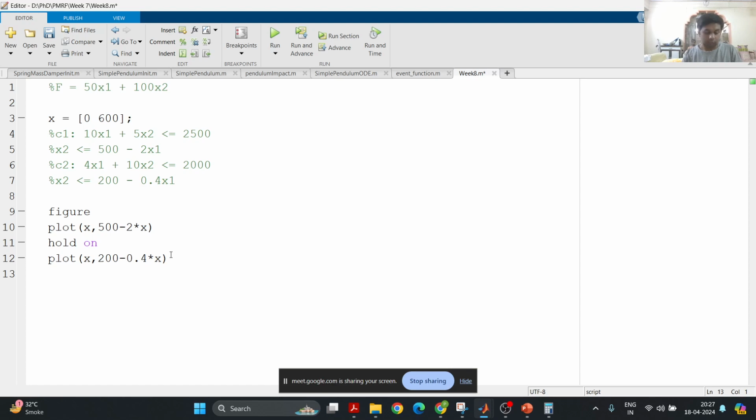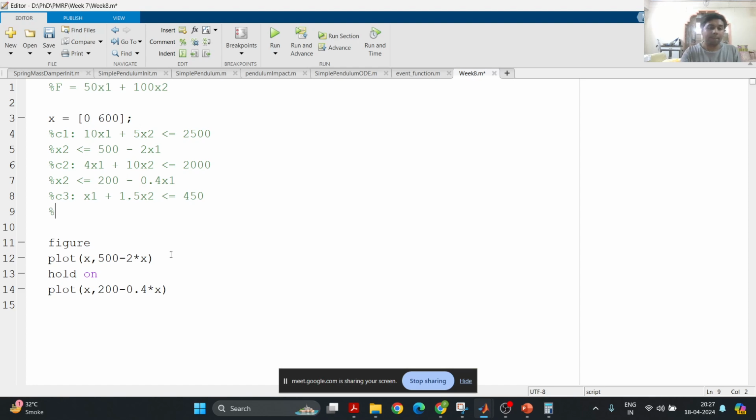And then the third constraint, x1 plus 1.5 x2 is less than or equal to 450. So therefore x2 should be less than or equal to 300 minus 2 by 3 x1.